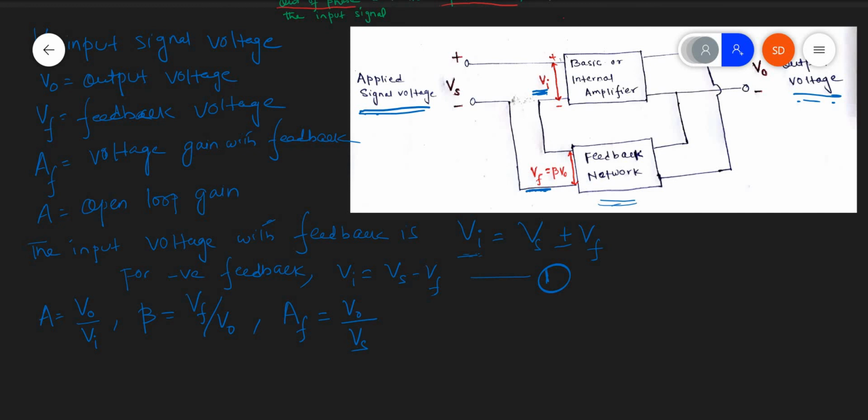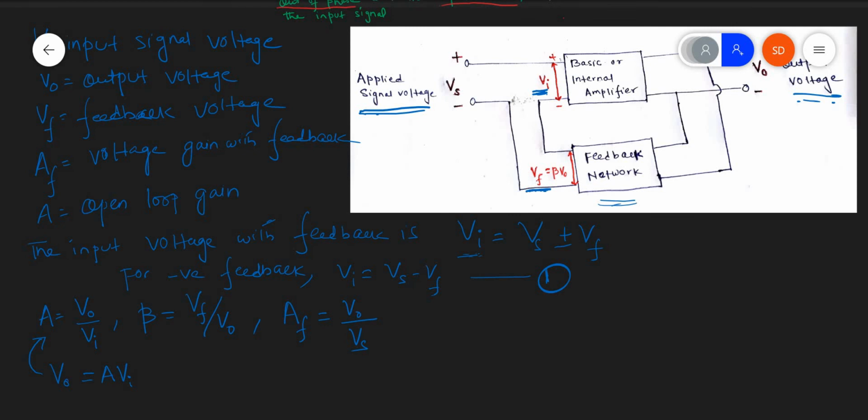Now V naught is equal to A times Vi. This is the expression I'm using.